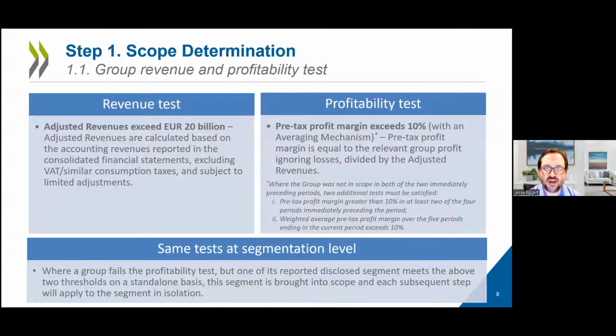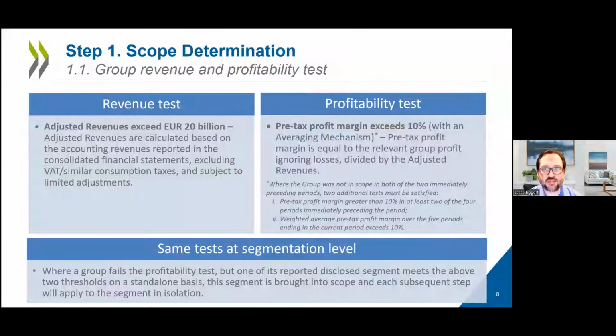Under that averaging rule, a group in that circumstance will be in scope only if they were above 10% profit margin for at least 2 of the preceding 4 periods, and only if the weighted average of their pre-tax profit margin measured cumulatively over the previous 5 periods exceeds 10%. So it's really just meant to address short-term fluctuations in profit to make sure that the rules still reach a sensible result.